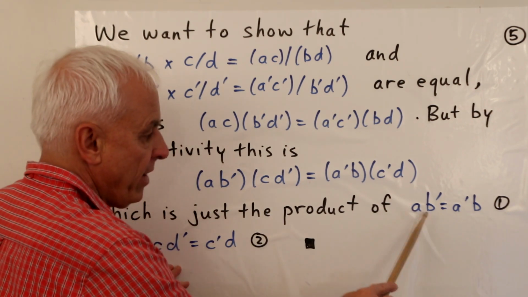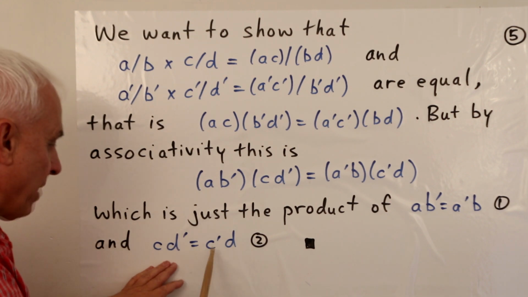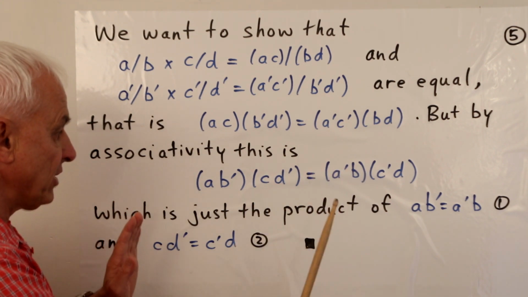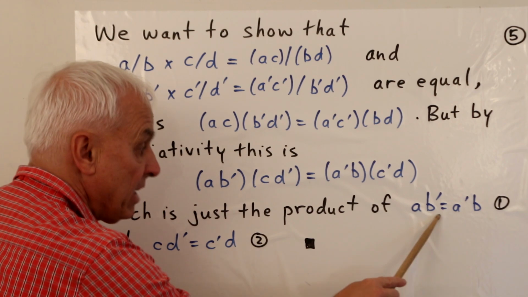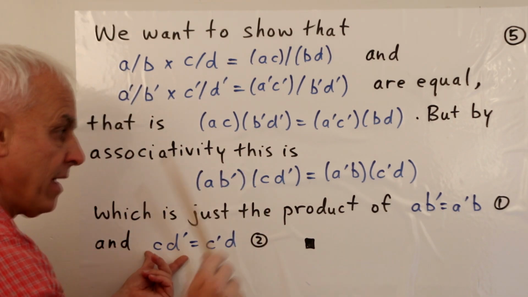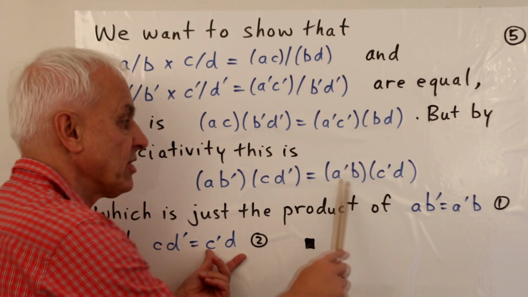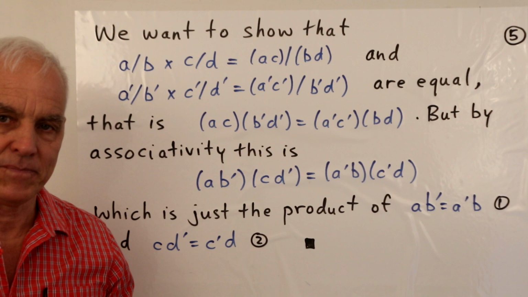This is relation 1, AB prime equals A prime B. This is relation 2, CD prime equals C prime D. If we take the product of these two things, we're going to get AB prime times CD prime, which is the left-hand side here, equals A prime B times C prime D, which is the right side of what's up here.